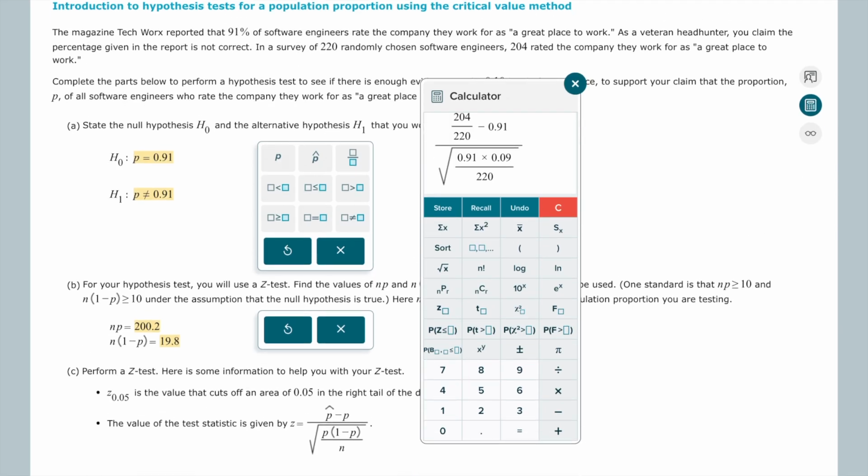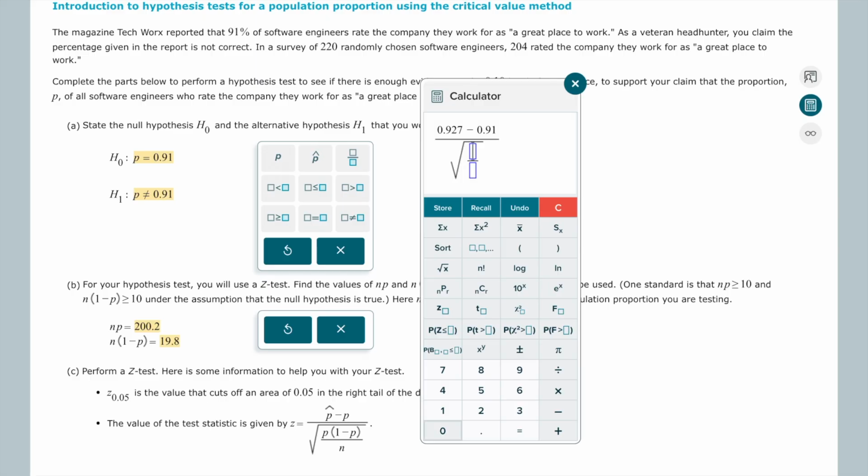Do y'all want to watch me put it in the calculator again? Just to do it one more time, I always hit the division bar first. If you want to change it to 0.927 first, that makes it easier to put in the calculator. It just stops you from having to round it. And then once I get to the division inside the square root, there's another division. So before I start typing, I go ahead and make a fraction bar.